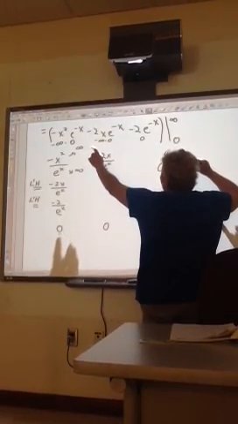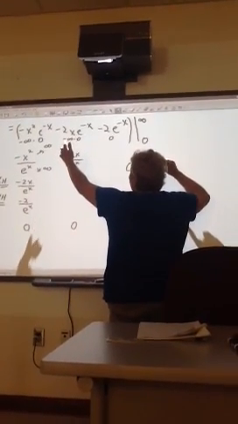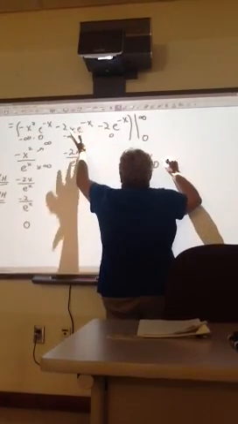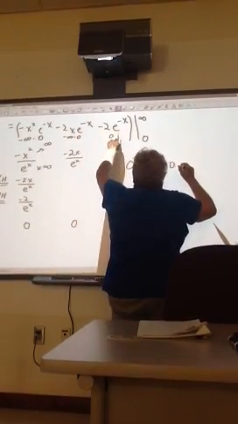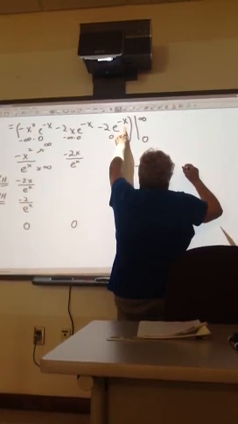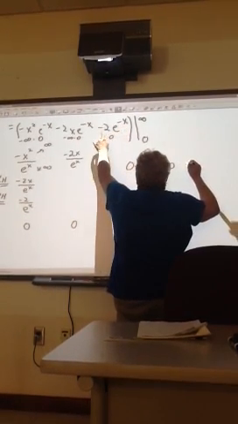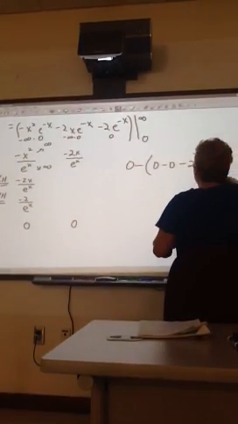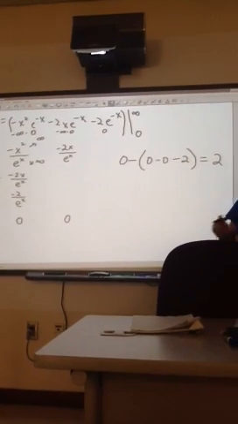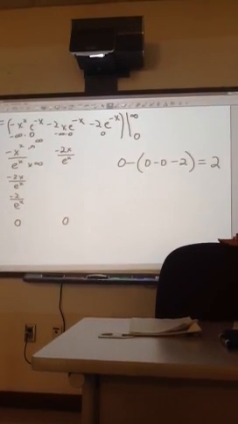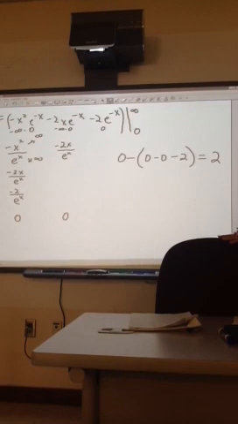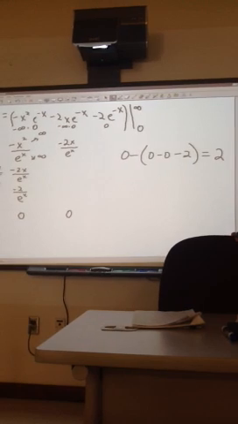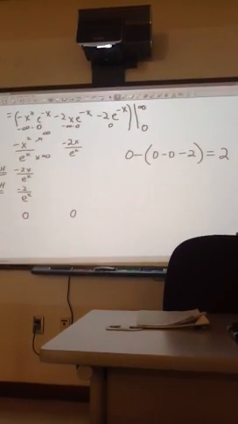So 0 times 1 is 0. E to the negative 0 is still e to the 0, which is 1, times negative 2 is negative 2. And when you distribute the minus sign through, I agree with what the guy had in the book. So now, did you find your missing negative sign? Because you said you got negative 2.